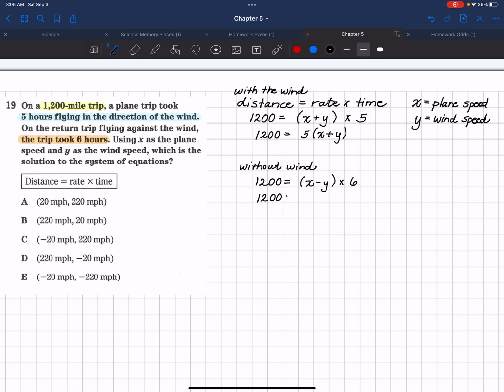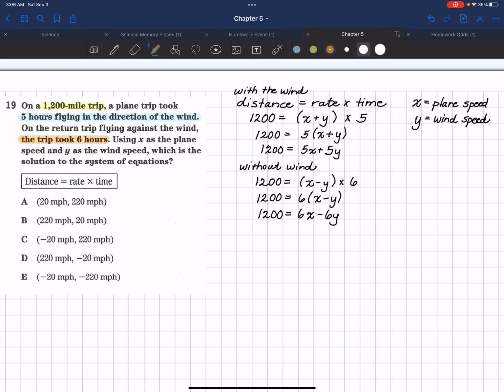So 1,200 equals 6 times the plane speed without the benefit of the wind speed. And that would be 1,200 equals, let's go ahead and distribute, 6x minus 6y. Now, I don't know why I didn't distribute up here, other than it's 3 in the morning. And that would be that equation.